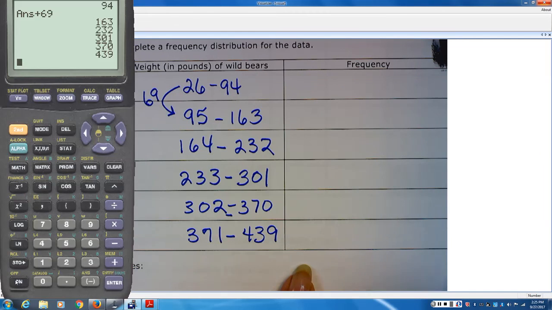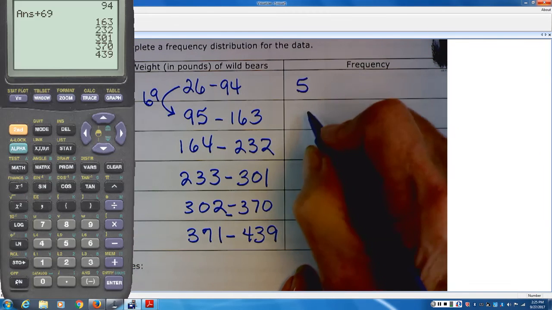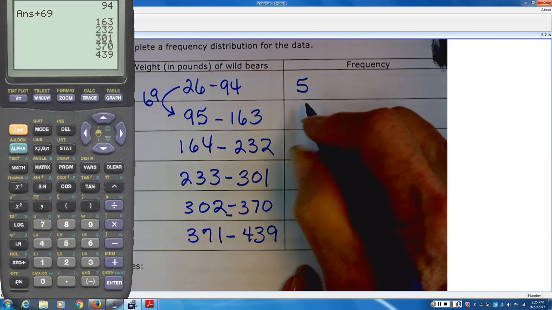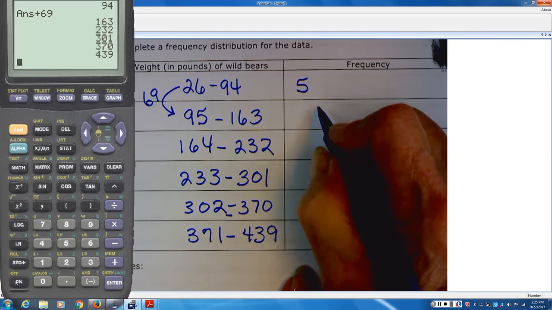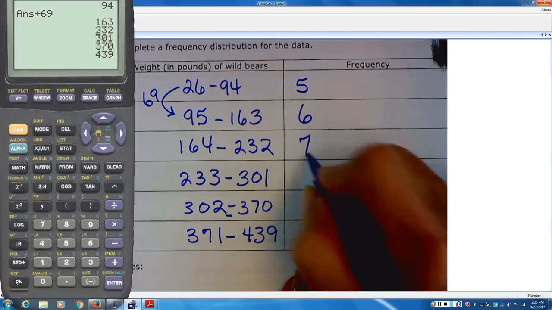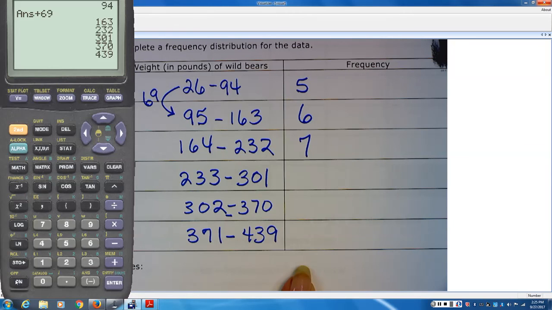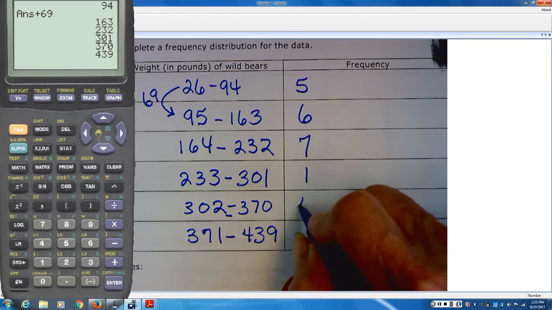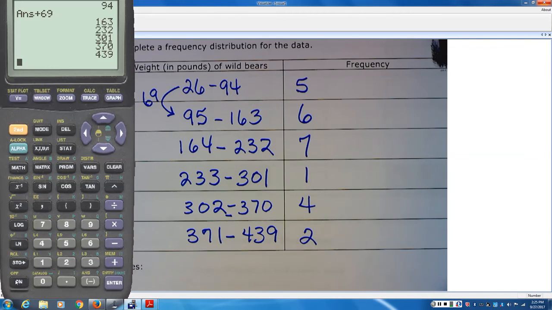For the first one, I had 5. Okay? Second one? 6. Okay. Third one? 7. Okay. Then 1 and 1, 4, and then 2. Okay.